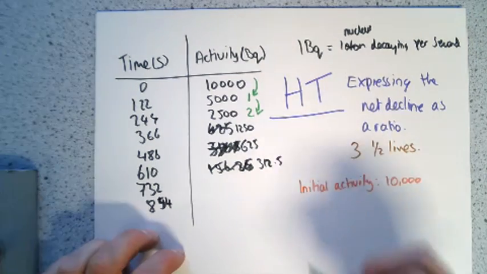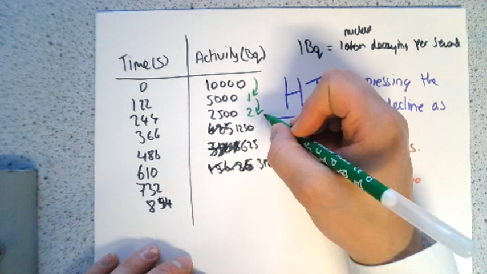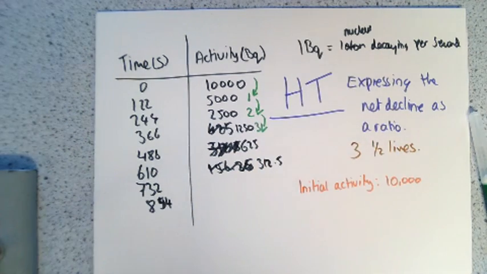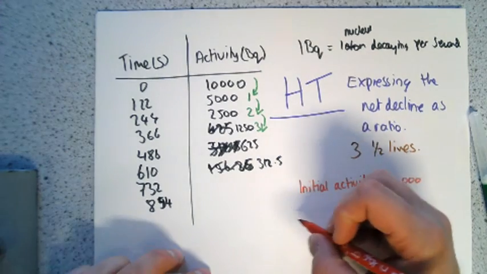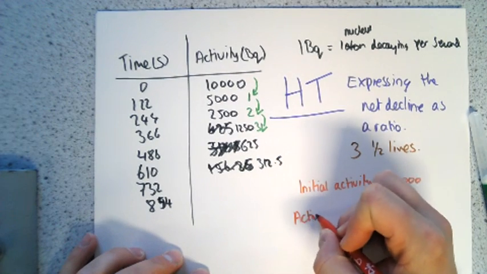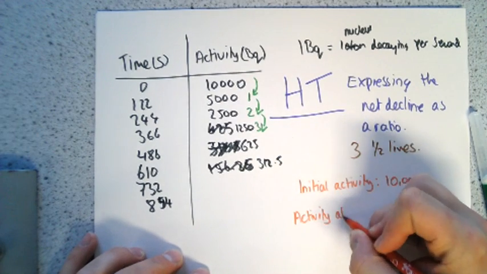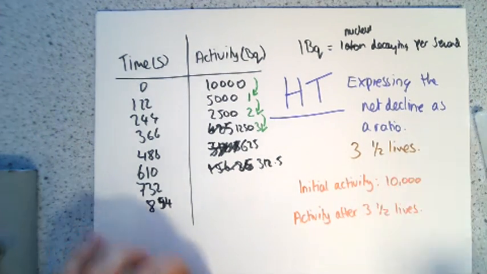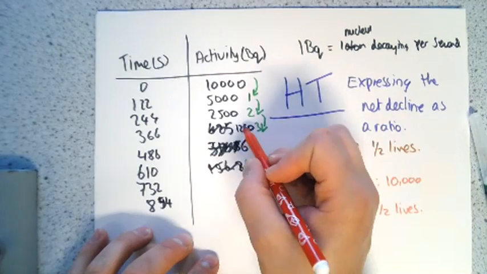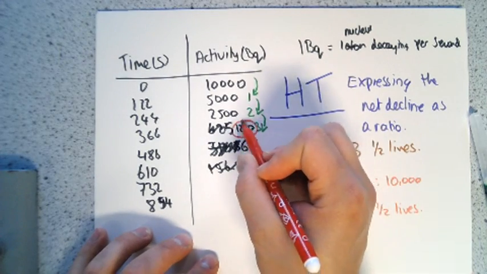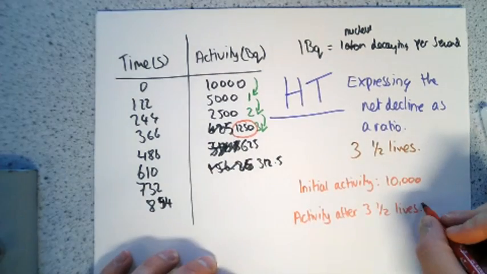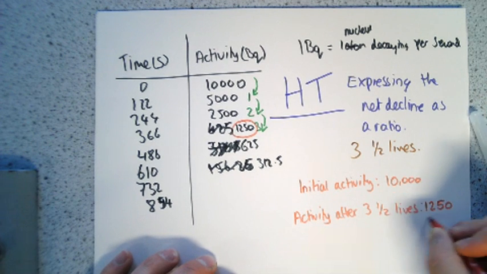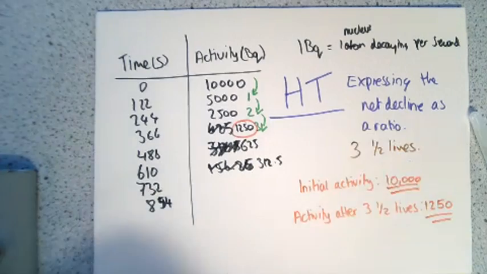So that's 2 half-lives. Half again, that's 3 half-lives. So we now need to know the activity after 3 half-lives. 1, 2, 3. So that is activity after 3, which is going to be 1,250.